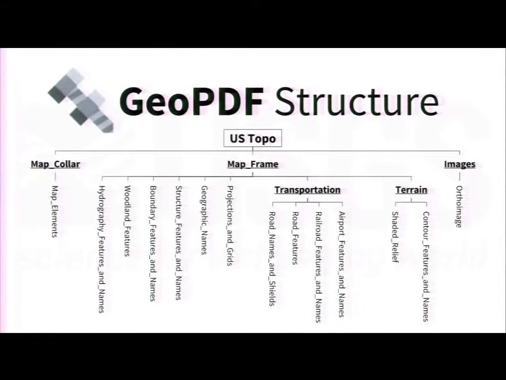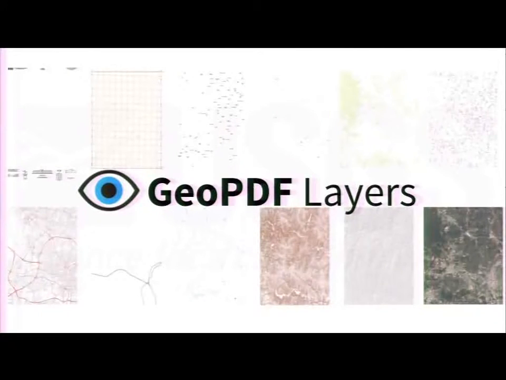So let's take a look at some layers. Thanks to GDAL, you can break out every single layer into its own file if you want to look at it. We go from the map frame and collar on the top left, and you can see the grids, different names and labels, woodlands, hillshades, ortho imagery, contours, and transportation.